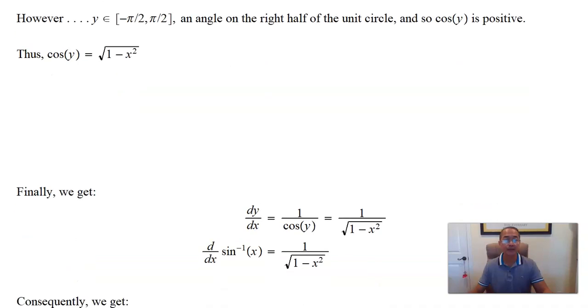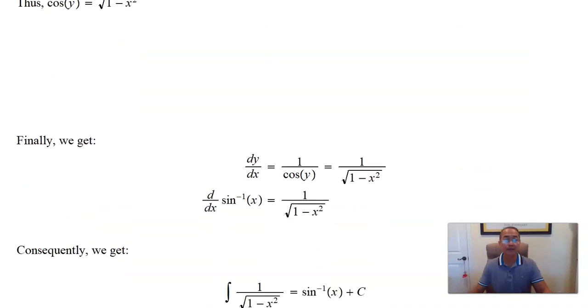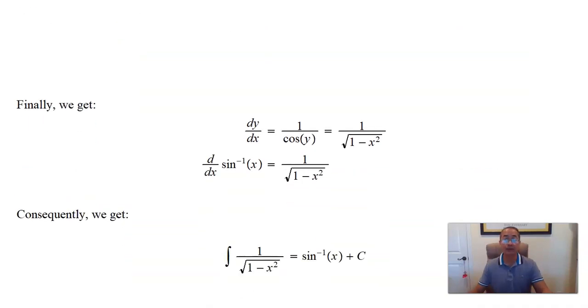Okay, so finally we get to solve the derivative. The derivative that we are looking for is 1 over cosine, which is 1 over the square root of 1 minus x squared. The derivative, in other words, of the arcsine function is 1 over radical 1 minus x squared.